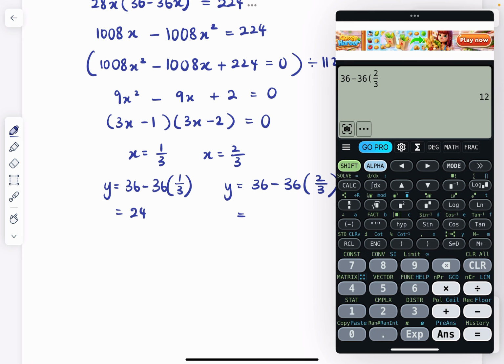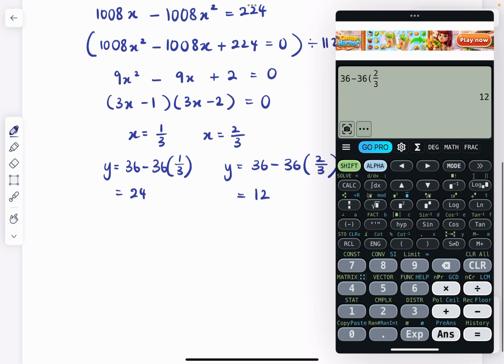For 2/3, it is 12. So when x is 1/3, y is 24. And when x is 2/3, y is 12.